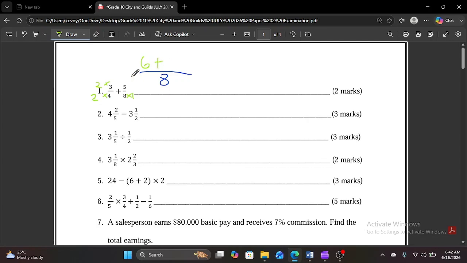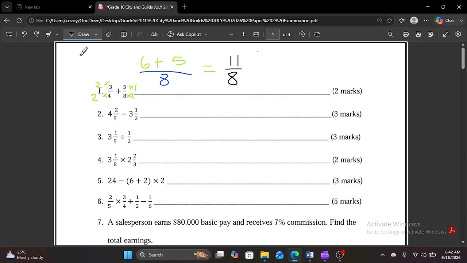Plus, you multiply the bottom by 1, so you multiply the top by 1. So 1 times 5 is going to be 5. After you add everything together, you'll have your answer, 11 over 8.